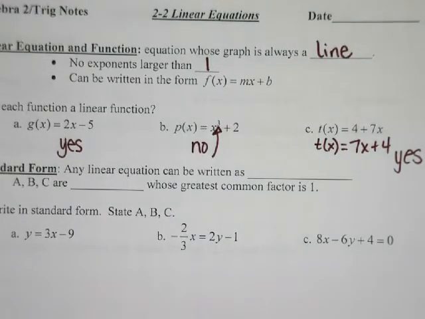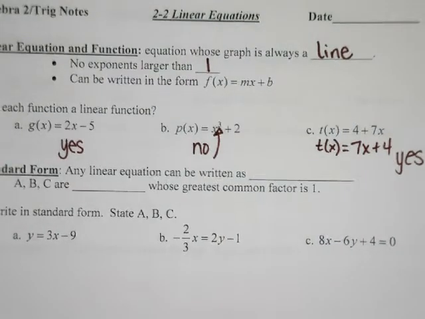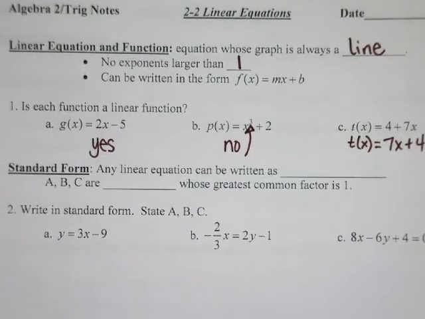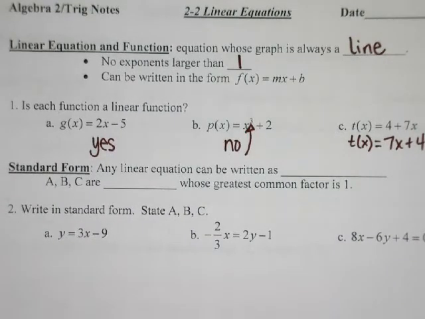And that's okay. We'll look at one of those on your worksheet. Okay, so y equals mx plus b form. And then the next one, any questions on that? Okay, so that's linear form, f of x equals mx plus b.